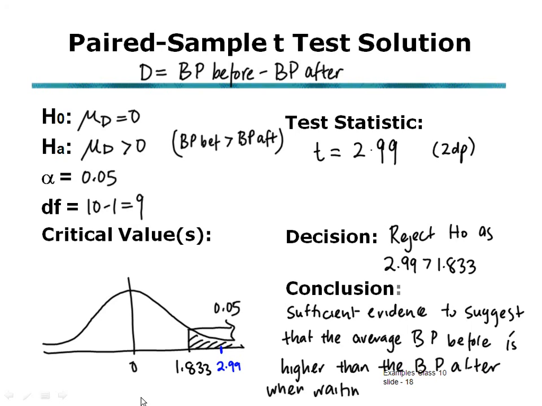Sufficient evidence to suggest that the average blood pressure before, while we're waiting for the dentist, is higher than afterwards. And that's the end of example 3.